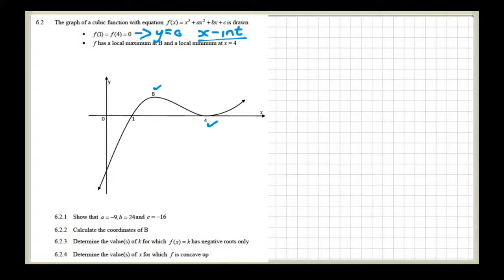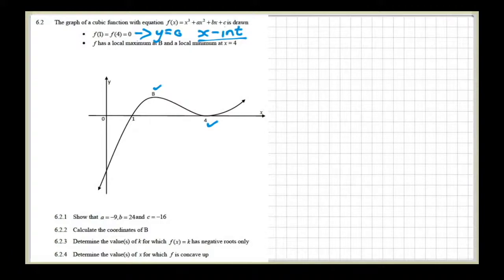So the first question that they're asking me in 6.2.1 is show that a is equal to negative 9, b is equal to 24, and c is equal to negative 16. In other words, they're asking me for the equation of the graph.